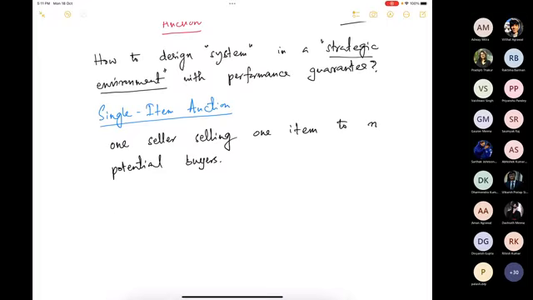All the theory that we study today also holds for the other setting where we have one buyer and n potential sellers.